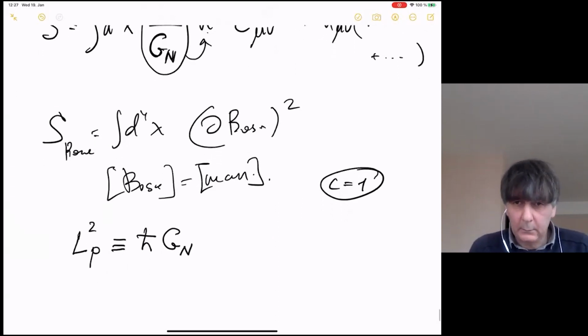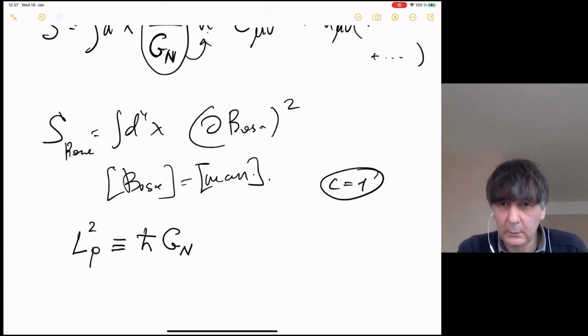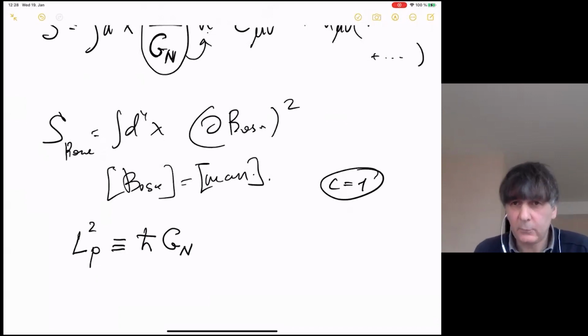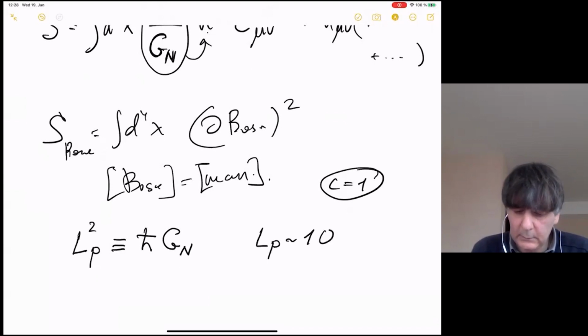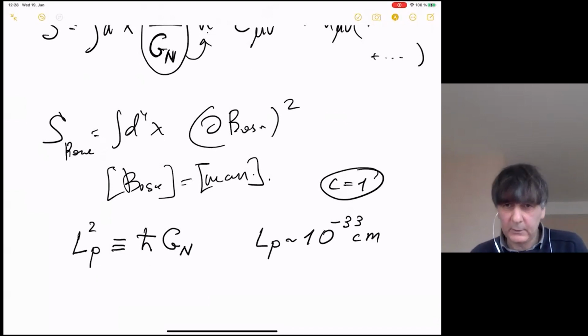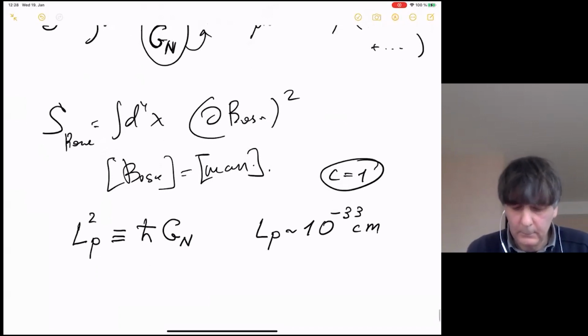So this is the length scale. For the values of Newton's coupling and Planck constant that we have, we can express it, for example, in centimeters, and it is an extremely short length scale, approximately 10 to the minus 33 centimeters.